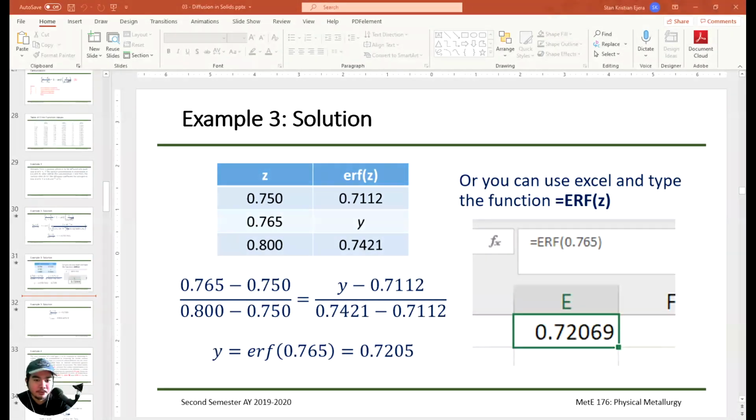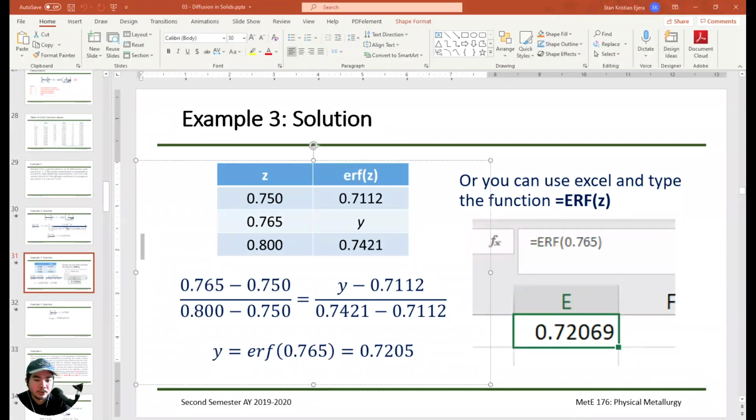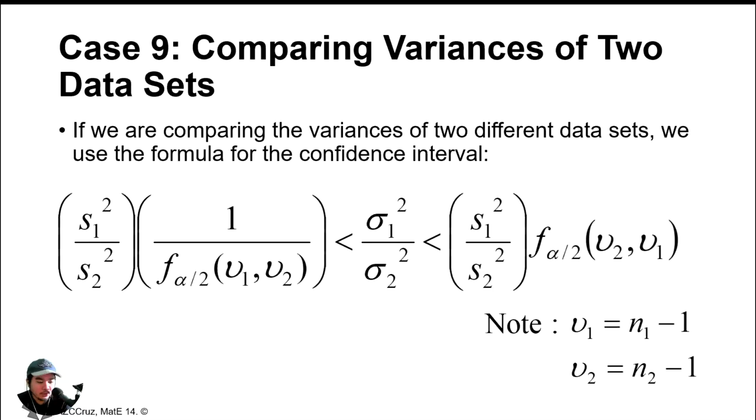This is the original. You notice this is 1 over F alpha over 2 of nu1, nu2.